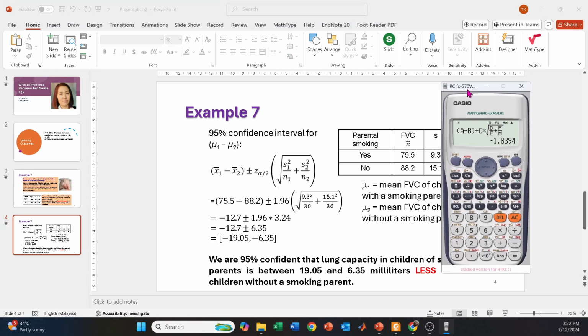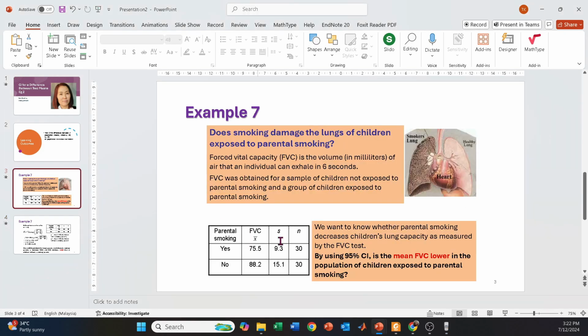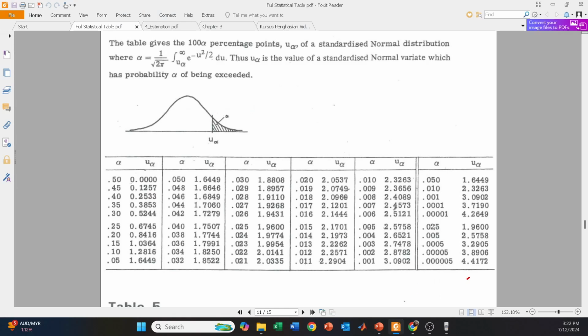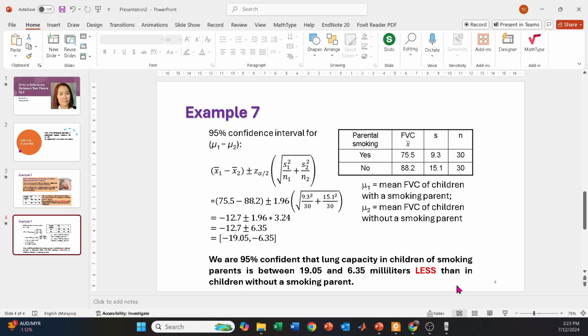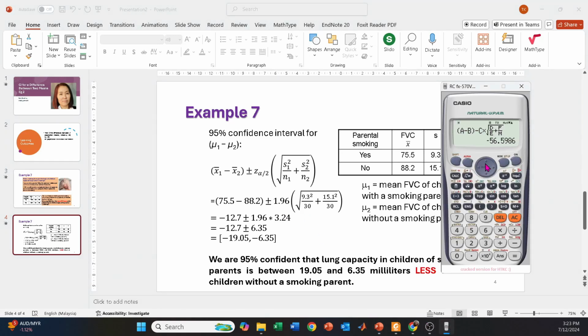In the previous video, we keyed in the formula: x-bar 1 as A, x-bar 2 as B, Z alpha over 2 as C. We can search for the lower confidence limit formula, which is minus C. S1 squared as D, N1 as E, S2 squared as F, N2 as M. For 95% confidence interval, alpha is 0.05, alpha over 2 is 0.025, and Z alpha over 2 is 1.96. Again, using the same formula, we calculate.